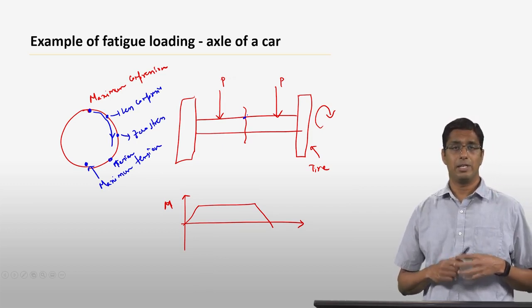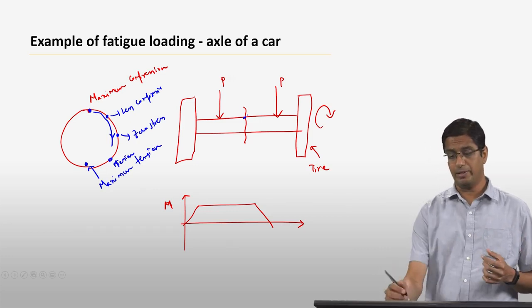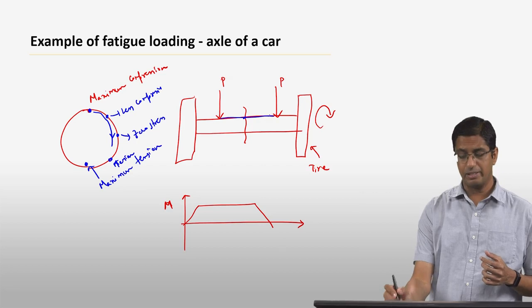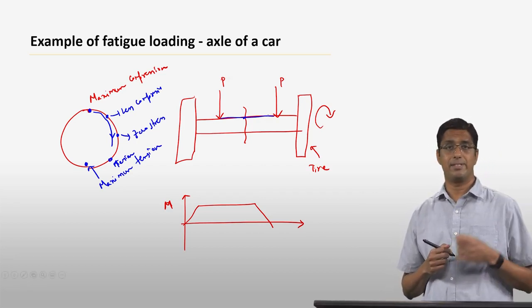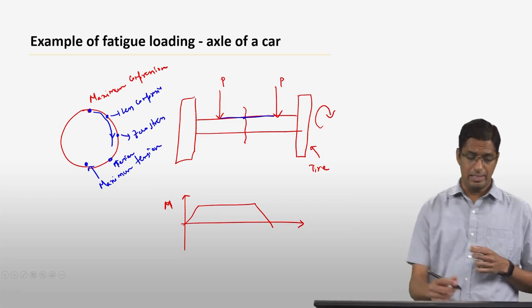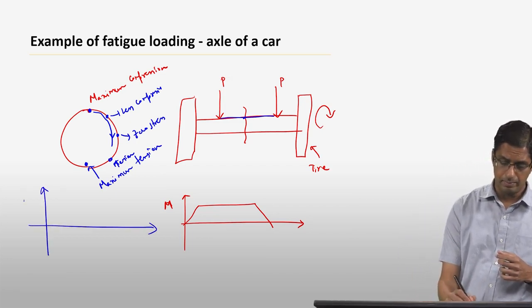So essentially, you have the bending stress at this point. Actually, for that matter, at any cross-section between these two forces P, if you look at the bending stress at any point on the circumference, the stress as a function of time is going to look like this.